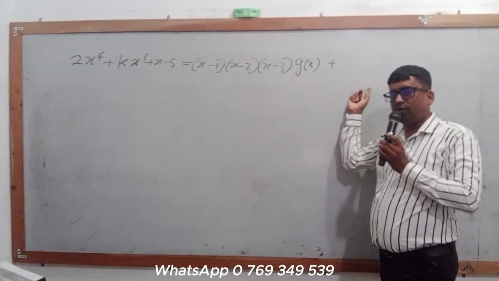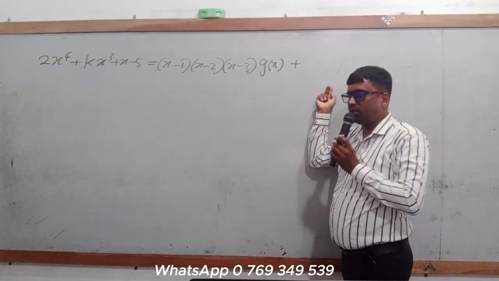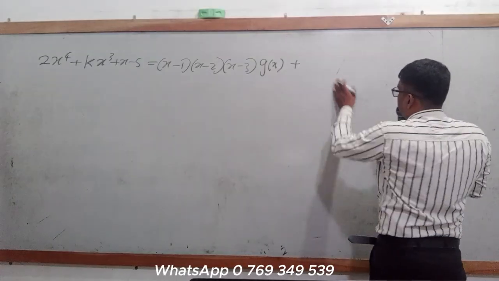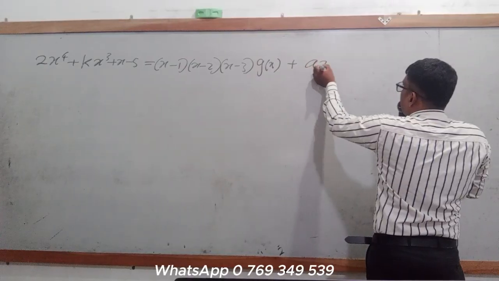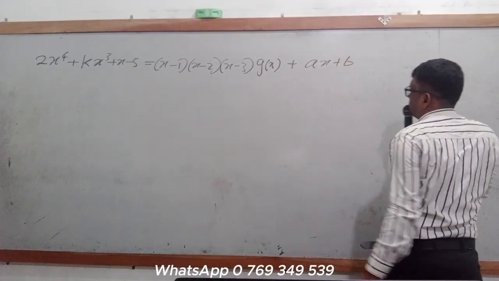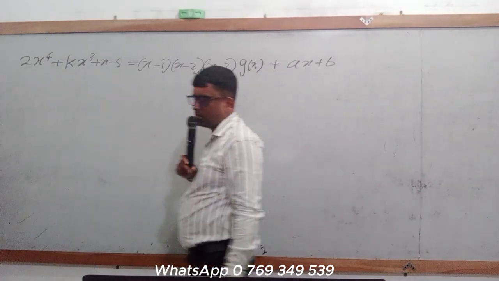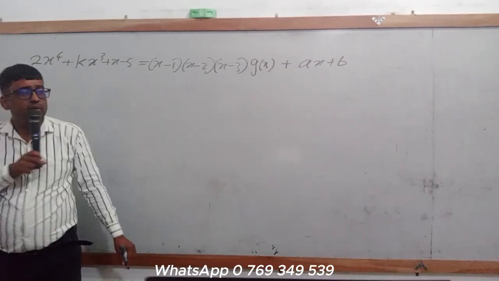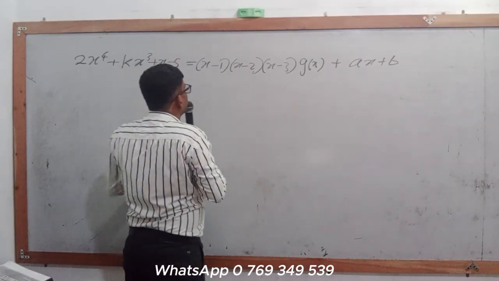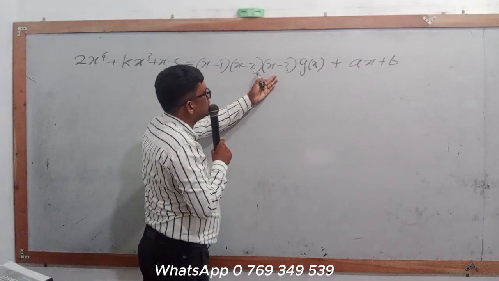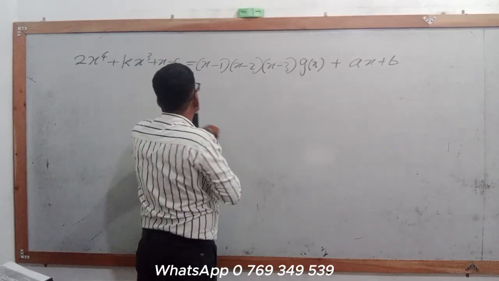Therefore the remainder should be a second degree equation. This is given as no x square. Therefore we have ax plus b only, right? Now we can put x for 1, 2, 3, where this one is 0.